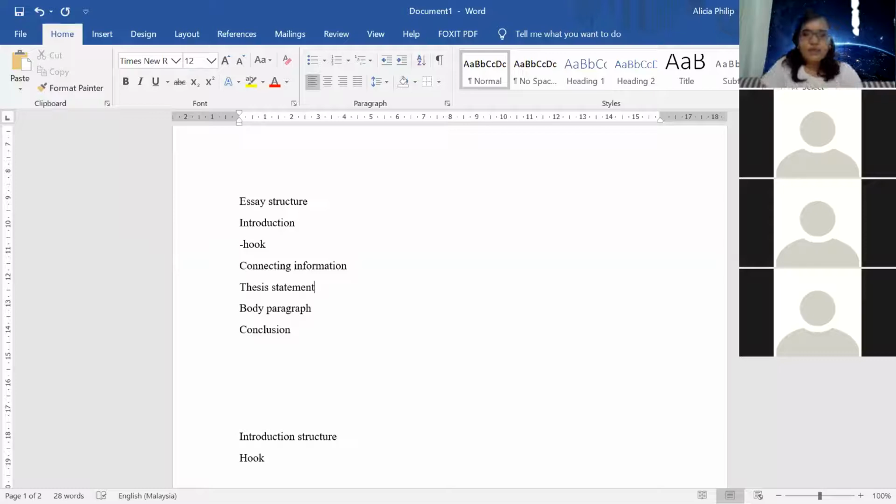Now in this thesis statement, you have already stated 3 main points. These main points will refer to your body paragraph.